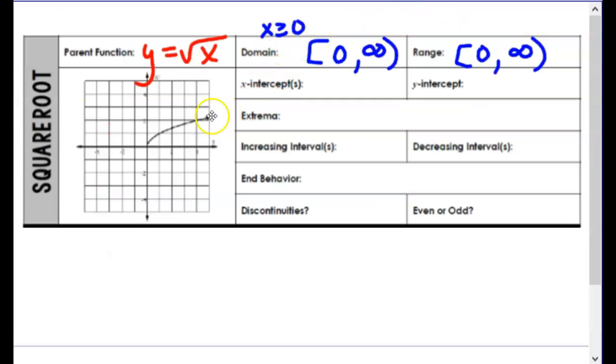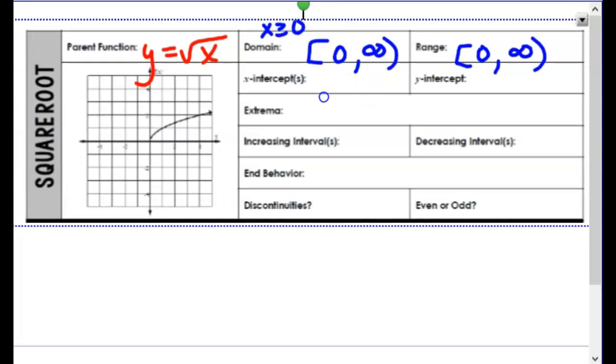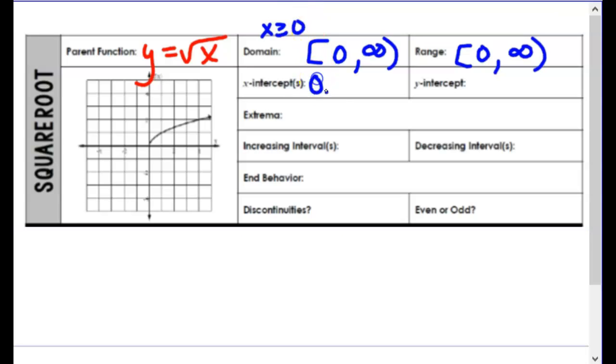Okay. It does actually touch at 0, 0. If you put in a 0, you'll get out a 0. Oops, sorry. I didn't mean to move that. It has a min at 0, 0, according to the definition that it will never go any lower than that.